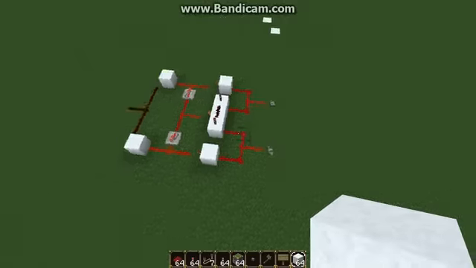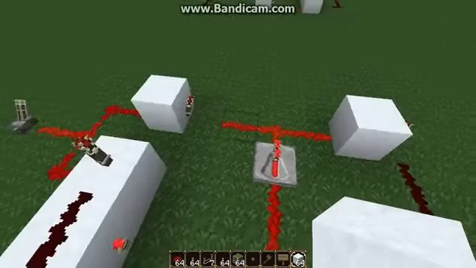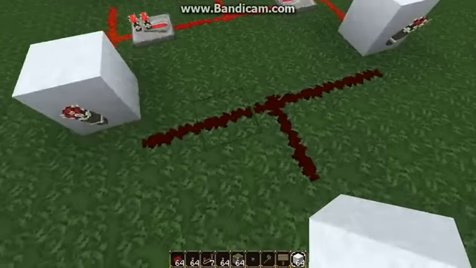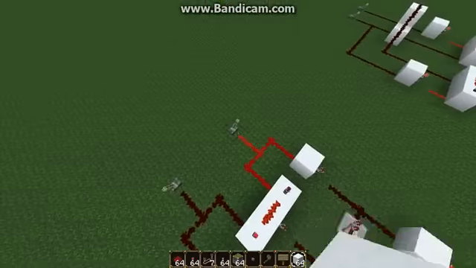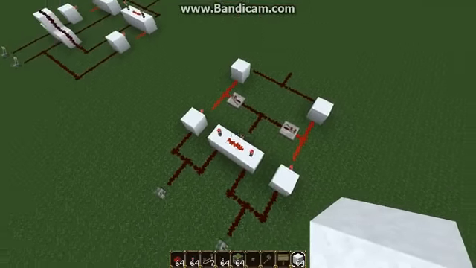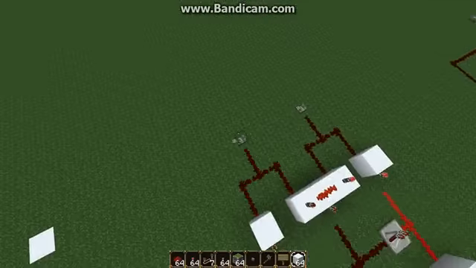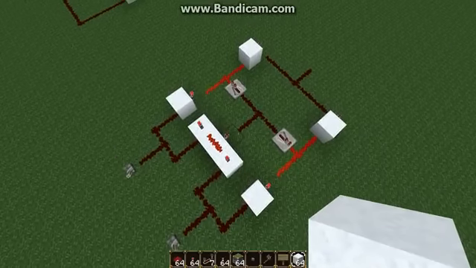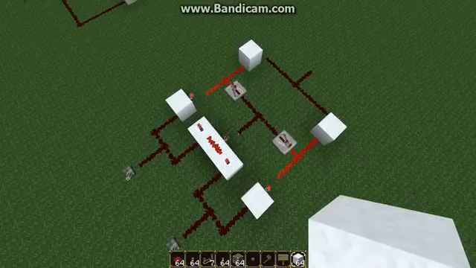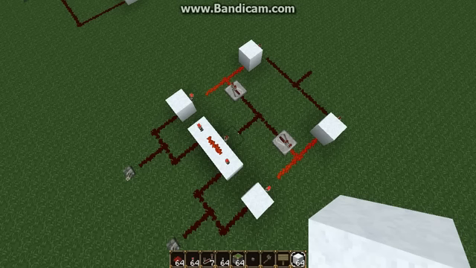But if we have both inputs, the AND gate turns on, that sends power to both these wires, and that means that this thing turns off. Essentially, this is our control wire right here. So that's all the architecture stuff, we're done. And don't worry, you don't have to understand anything I just said.